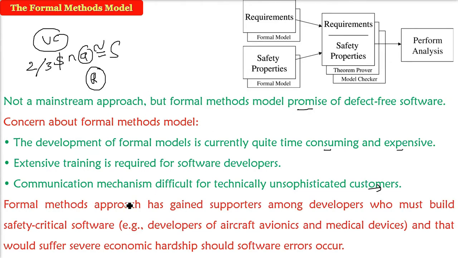For example, developers making aircraft avionics software, medical devices where life and death is involved, and where if the software fails, there will be a hard hit economically on the company. So that is why we use the formal methods model, where life, death, and immense economics are involved.